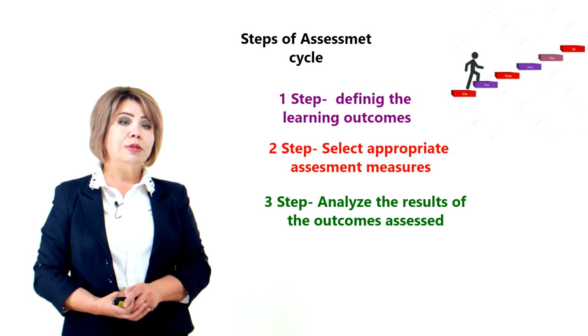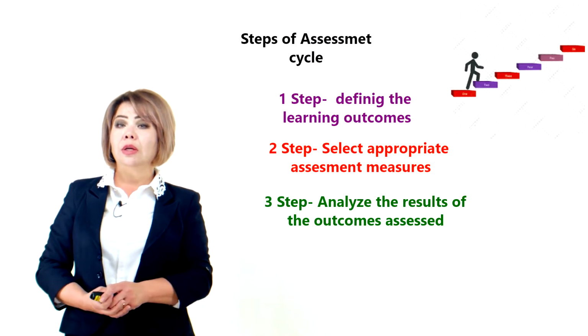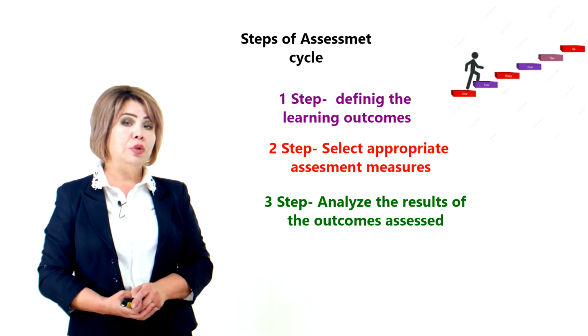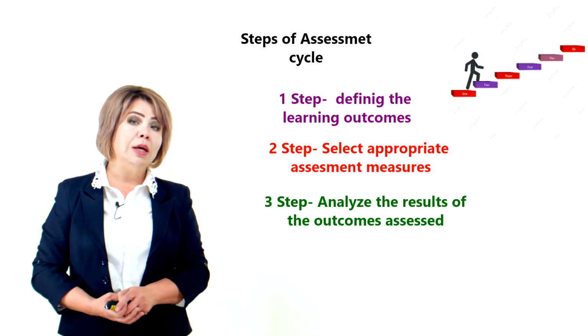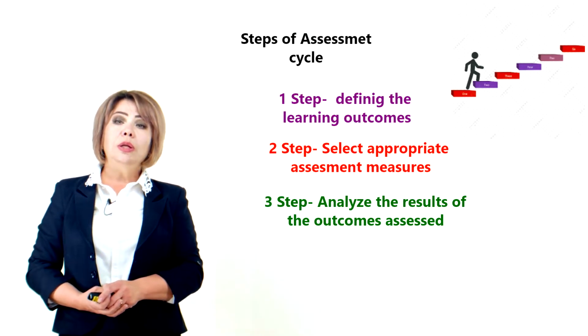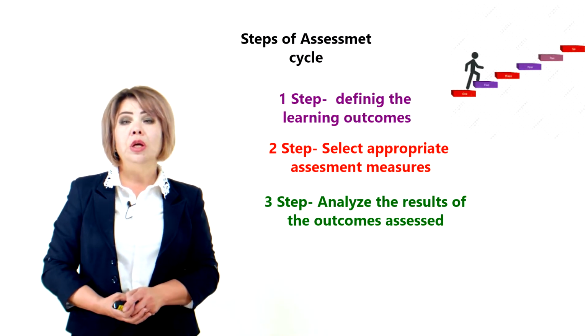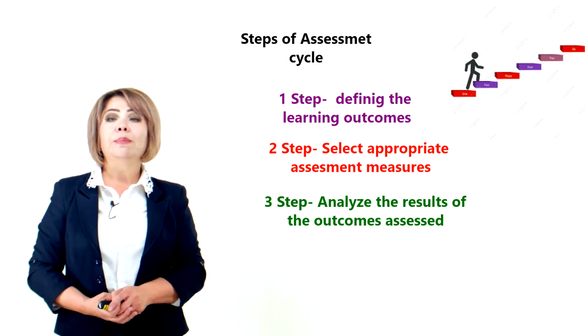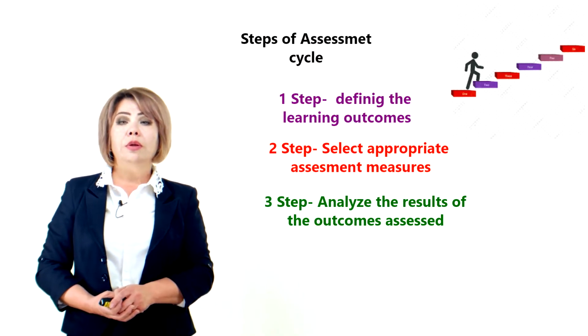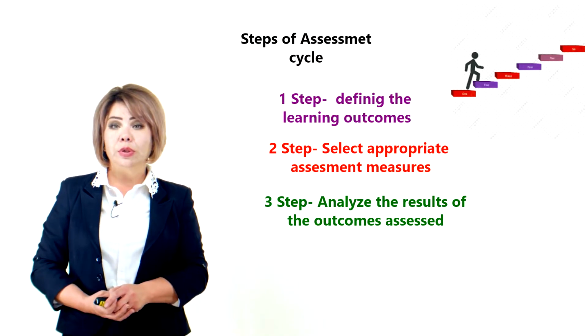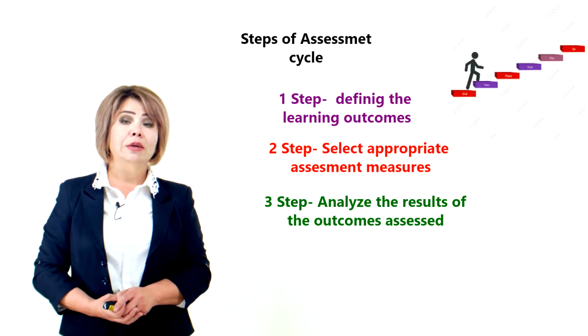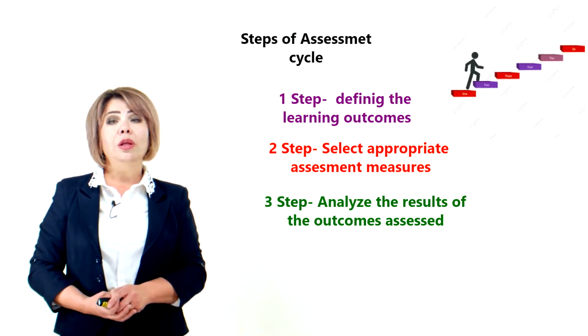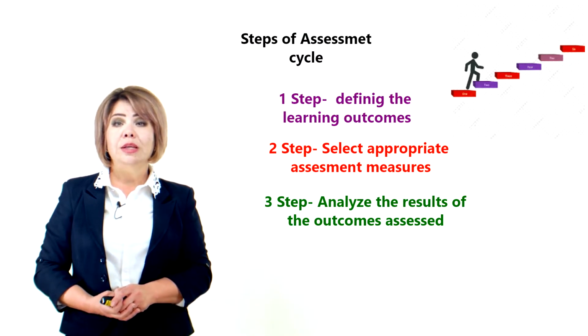The third step says: analyze the results of the outcome assessed. After making students participate in some kind of assessment tool, we need to gain that information, of course the results, and compare them to our outcomes, to see whether students could achieve that outcome. If the result is negative, it doesn't mean that only the learners couldn't learn that material.